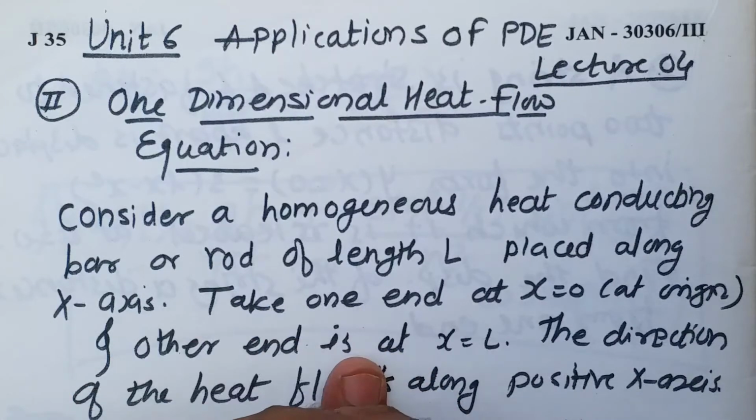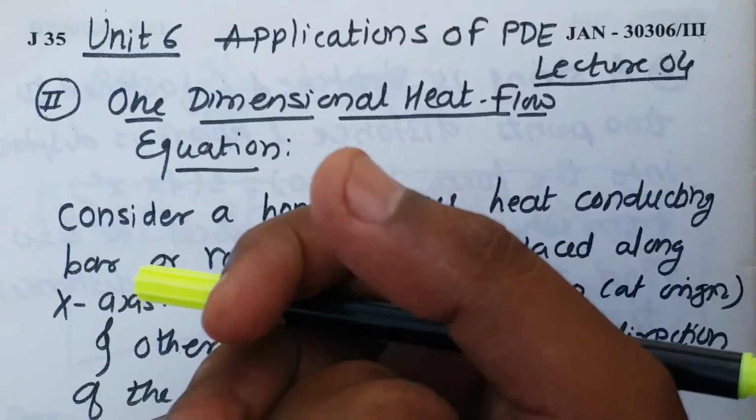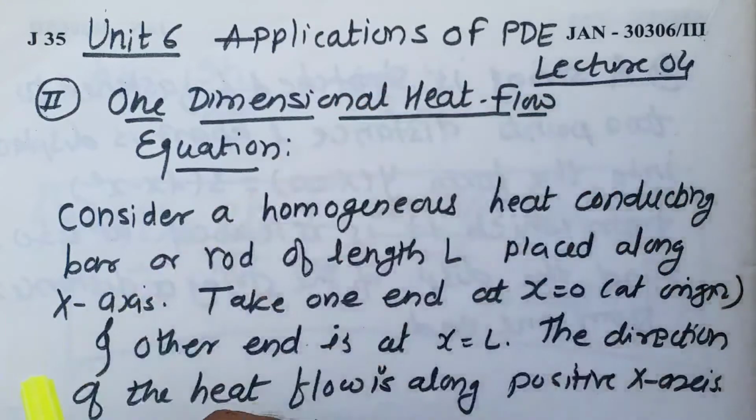First we'll understand what type of equations we have for one dimensional heat flow, and then, like the first application, the wave equation, we are going to solve these equations using initial and boundary conditions. Again this is a one dimensional equation, so it is like our wave equation only.